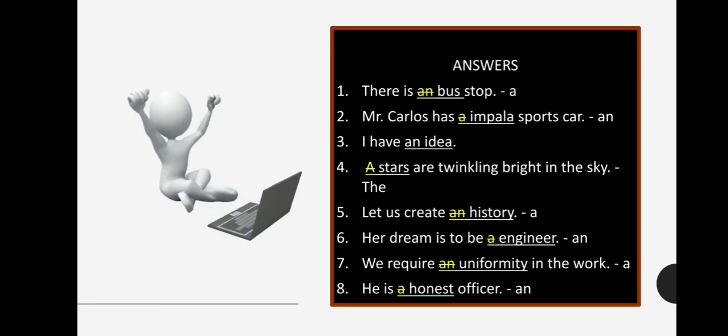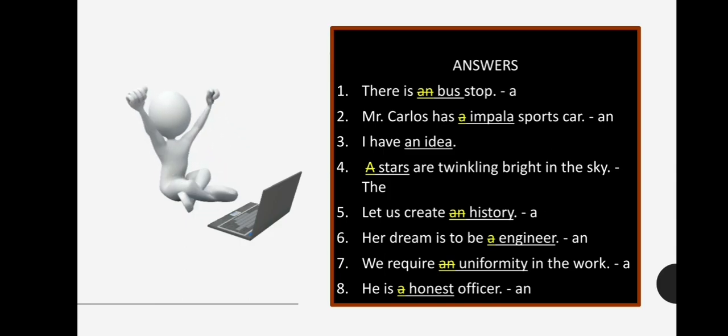Now fifth one, let us create an history. H is here, history is singular, the pronunciation is not a vowel sound like a, e or u. That is why it should be a history and not an history. Now the sixth one, I hope by now you all are clear with the thumb rules of a, an and the. So here, now you also can say that it is going to be an engineer and not a engineer because of the sound and singular.